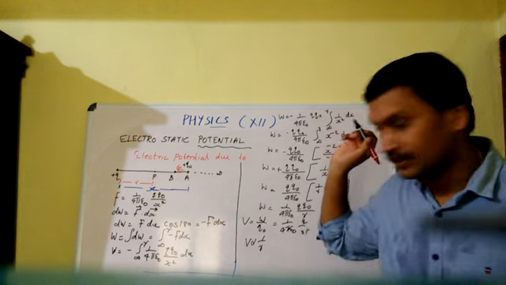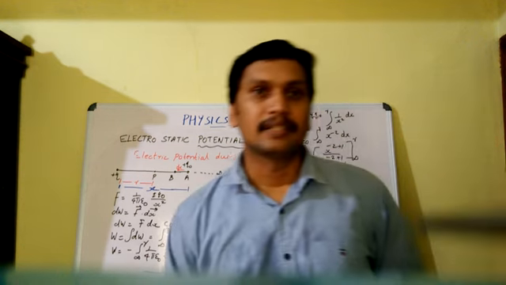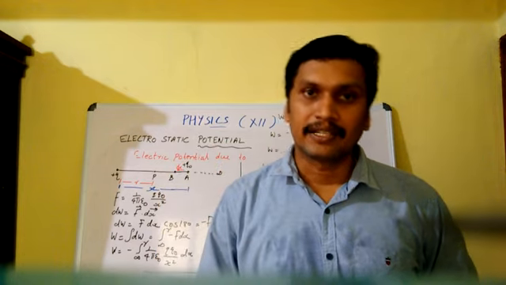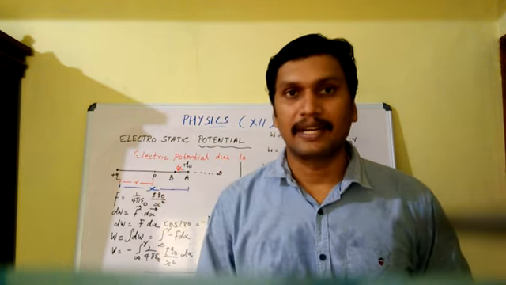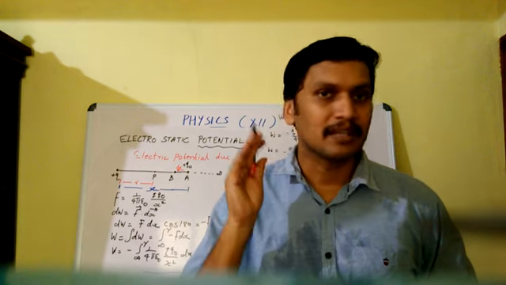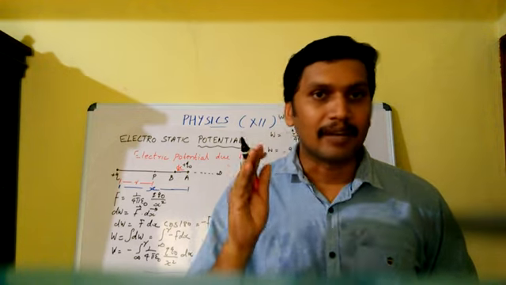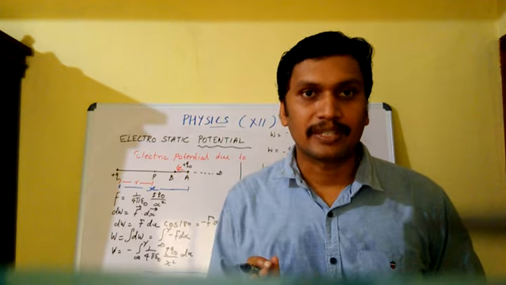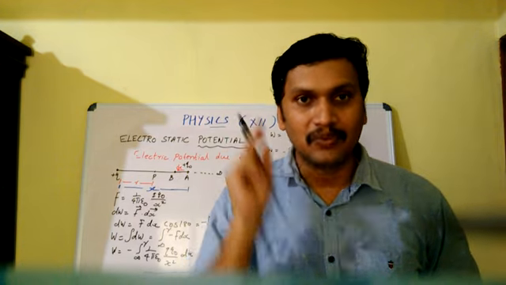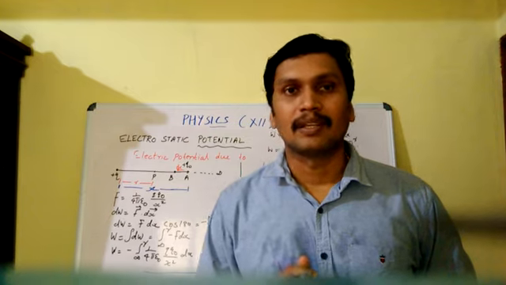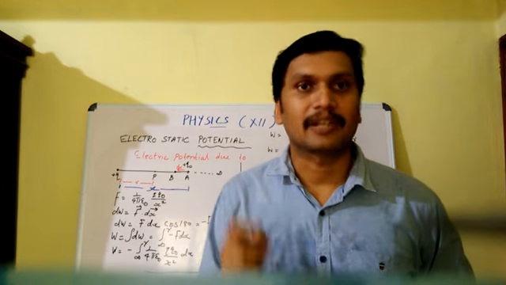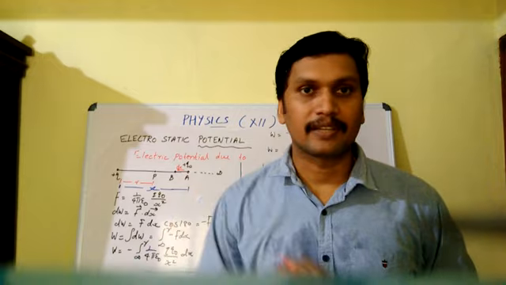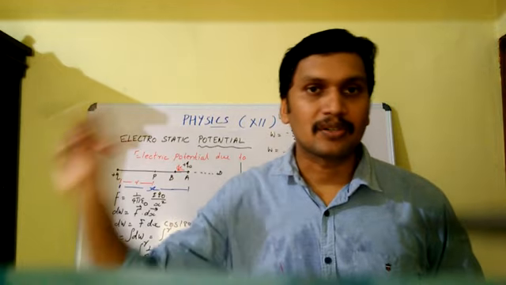So now we have calculated the electrostatic potential due to a point charge, and seen that it is given by V equal to 1 by 4 pi epsilon 0 Q by r. It shows that V is inversely proportional to r. That is, very close to the charge the potential is maximum, it decreases as you move away from the charge, and comes to 0 at infinity.